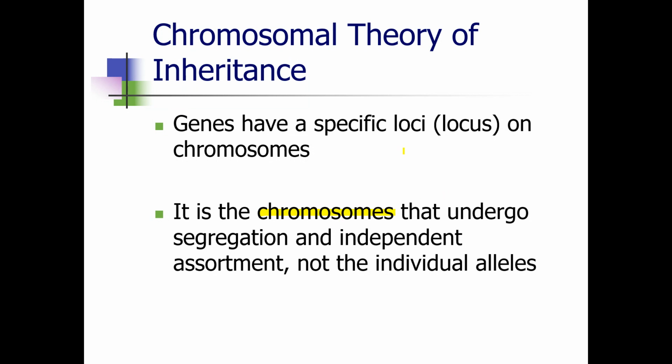Now, we do know that each gene has a specific location, a locus, or loci. Locus is singular and loci is plural, I believe. But each gene has a specific location on a chromosome. It's going to be in a certain position on a certain arm of the chromosome. And so it is the chromosomes themselves that actually undergo independent assortment, not each of those individual alleles.